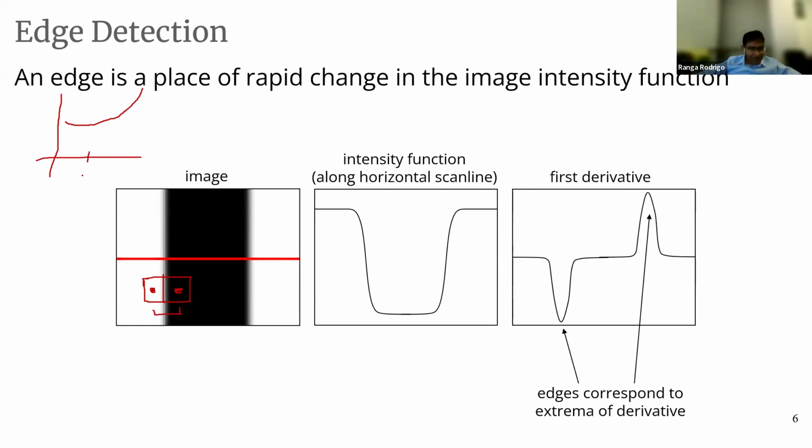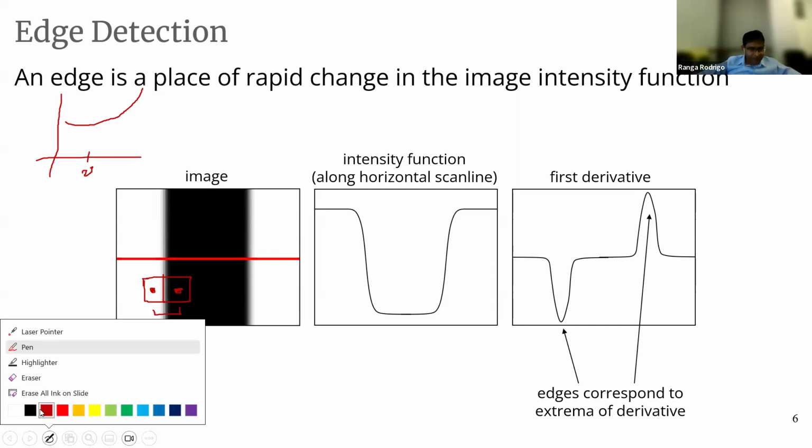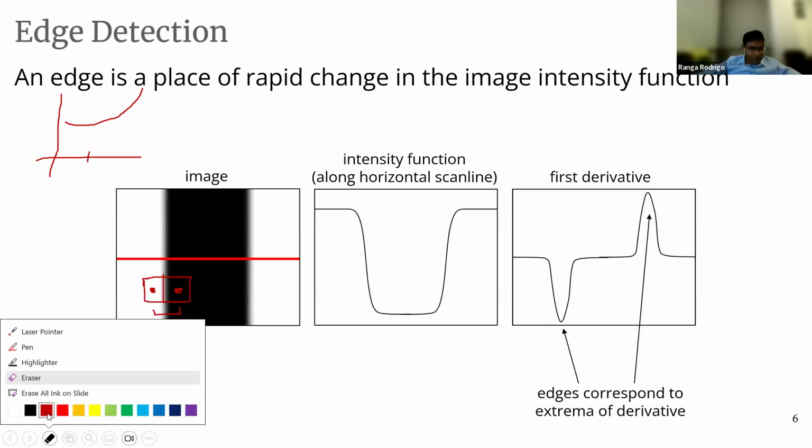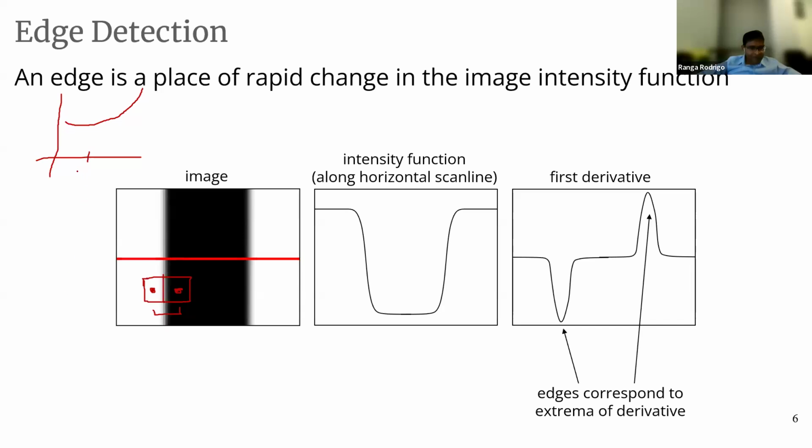You take a point called x naught, and you select a nearby point, x naught plus epsilon, let's say a small number.